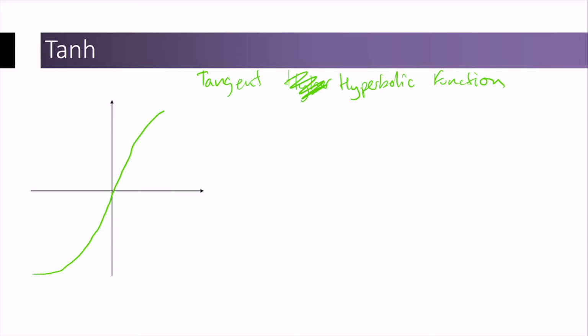So first, let's look at something called the tanh function. The full name is the tangent hyperbolic function, but you don't really need to know that. All you need to know is tanh. It is essentially just a mathematically shifted version of the sigmoid function, and so it looks like this. Starts down there and ends up there.